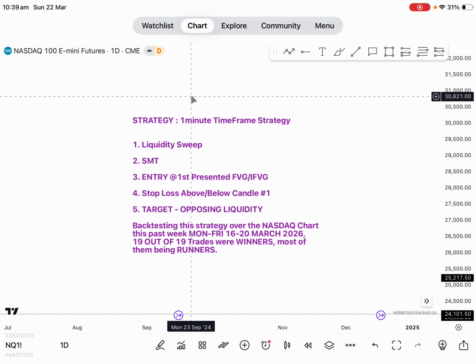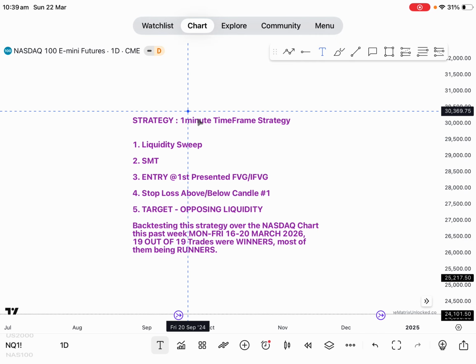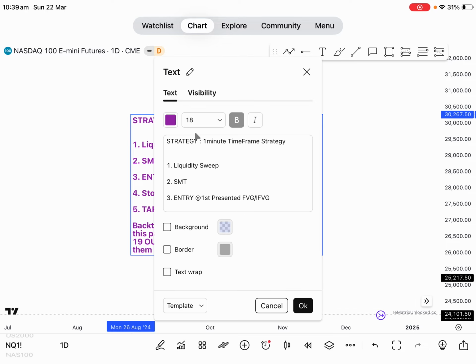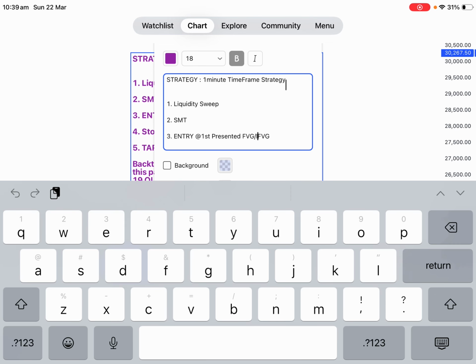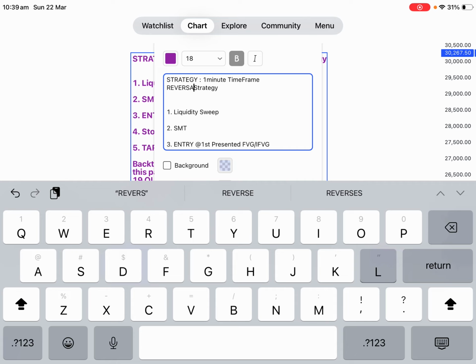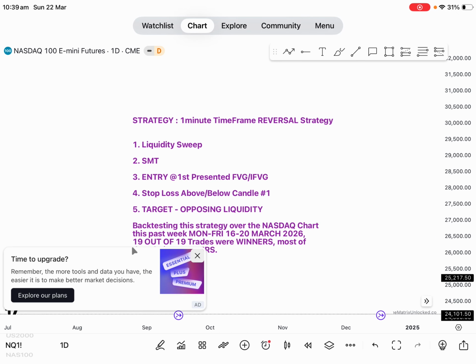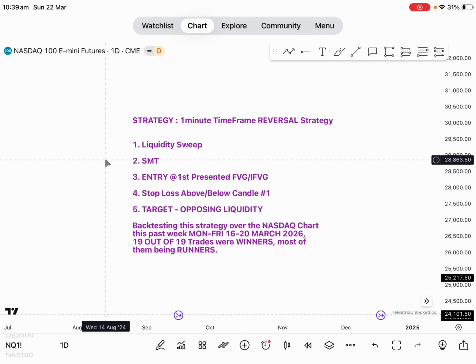So this is basically a reversal strategy. Let's go 1 minute time frame. Reversal strategy. Okay, 2 confluences are liquidity sweep and SMT.